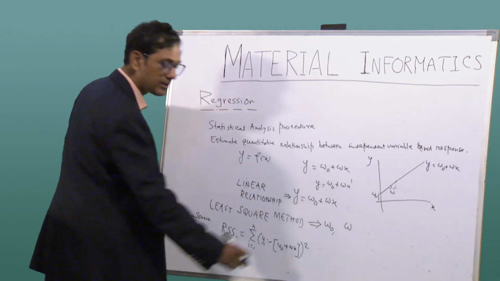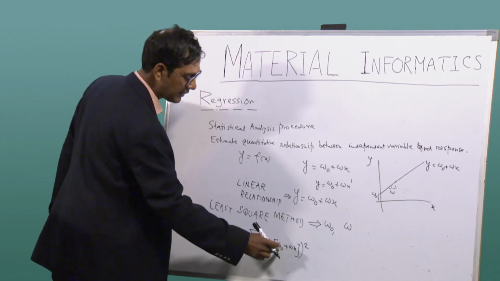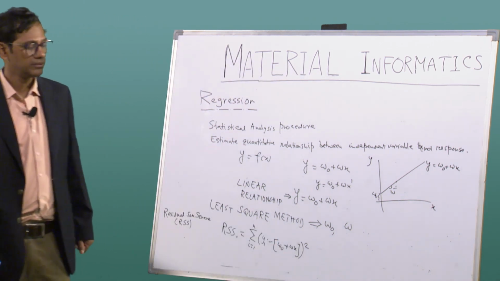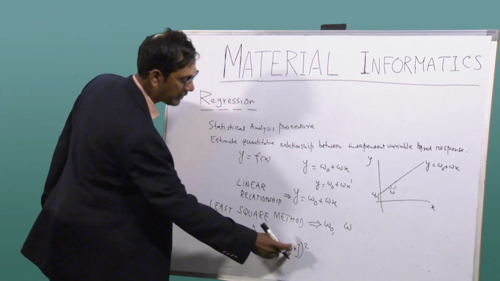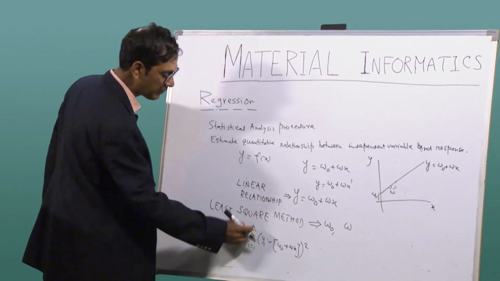What you have taken is the difference between your resultant value y and the portion because of the independent variable. So, this difference, then we square it. Now, you must be thinking why we are putting a summation.